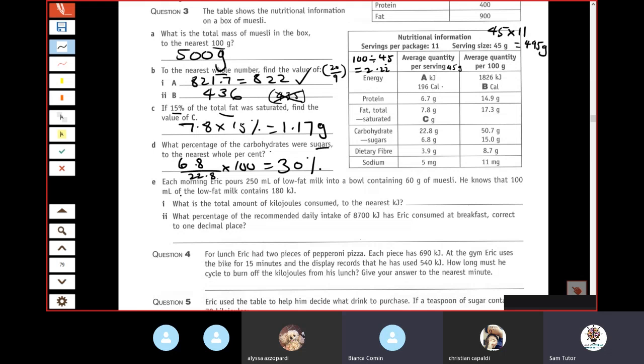And last one. Each morning, Eric pours 250 mils of low-fat milk into a bowl containing 60 grams of muesli. He knows that 100 mils of the low-fat milk contains 180 kilojoules. What is the total amount of kilojoules consumed to the nearest kilojoule? Well, first thing, let's do milk, since we're breaking this up.